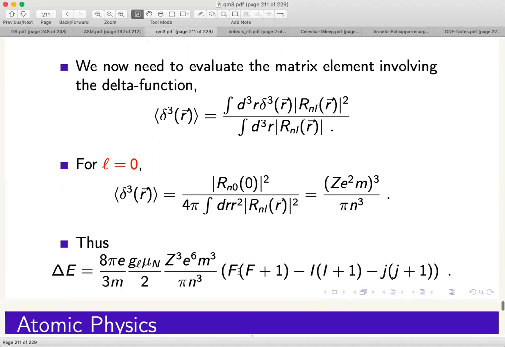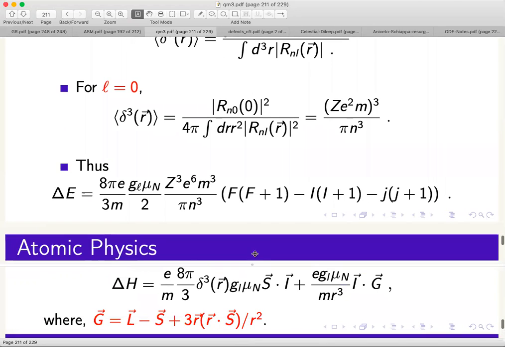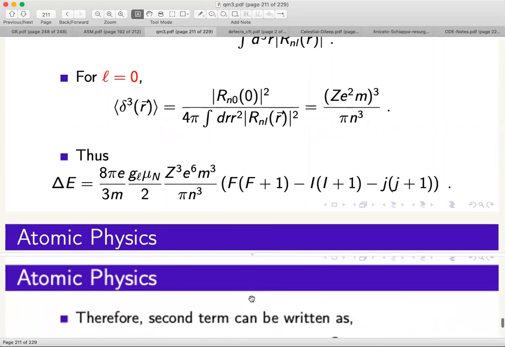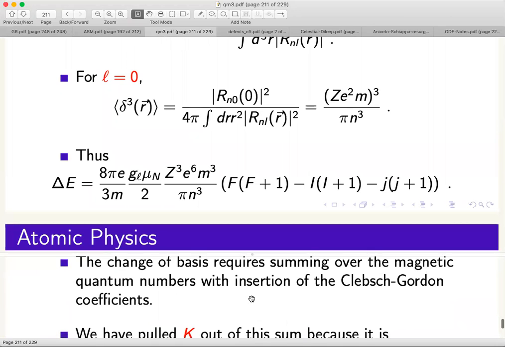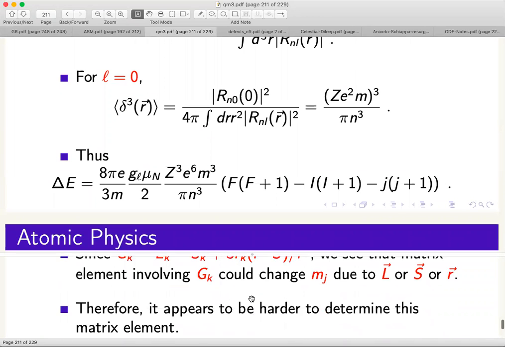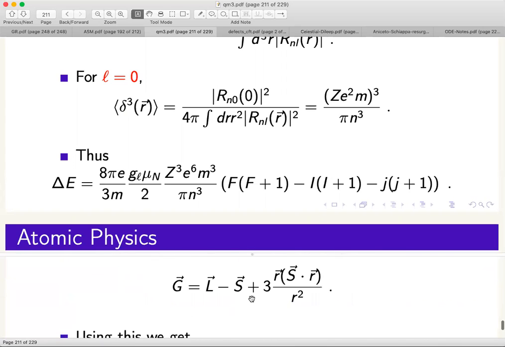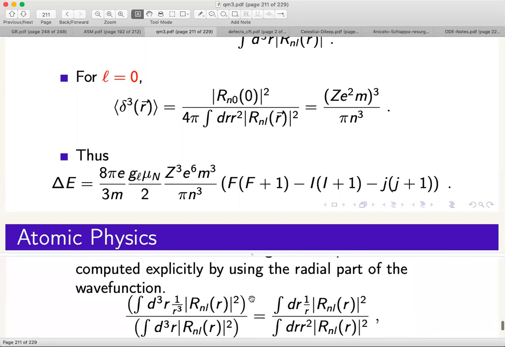And now what we need to do is compare. So here is the result.